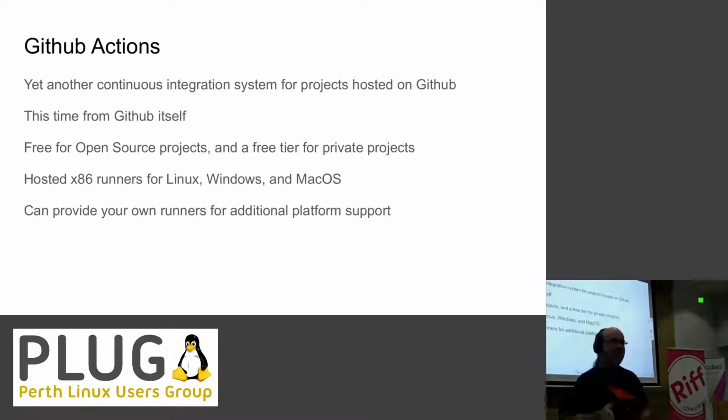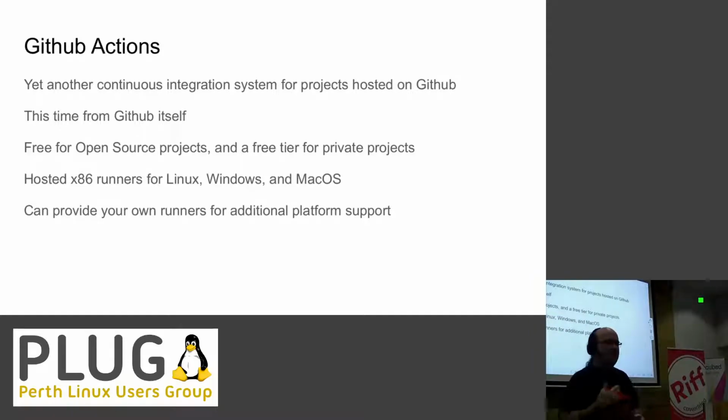This time, rather than being an external service, it's something provided by GitHub themselves, and so it integrates nicely in the UI, and you don't have to sign up for any additional services to use it. The way they're providing it at the moment, it is free for open source projects or anything else which you've got as a public repository on GitHub.